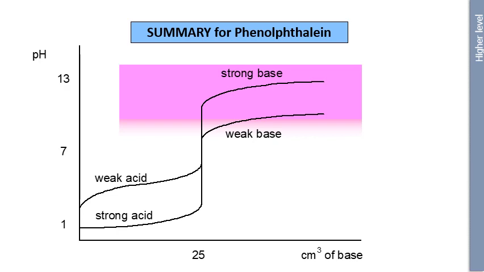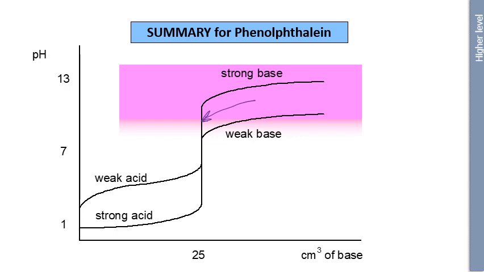Right. The titration of a strong acid and a strong base, such as hydrochloric acid and sodium hydroxide, which we've gone through, has an equivalence point of around about pH 7. Which means that it falls within the range of phenolphthalein. Okay, so you can see for strong acid, strong base, that does fall within the equivalence point.